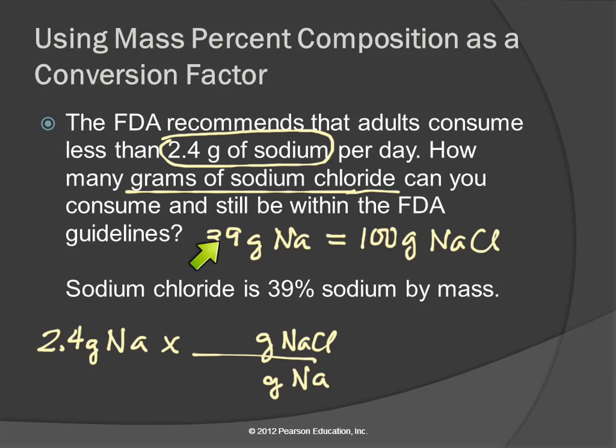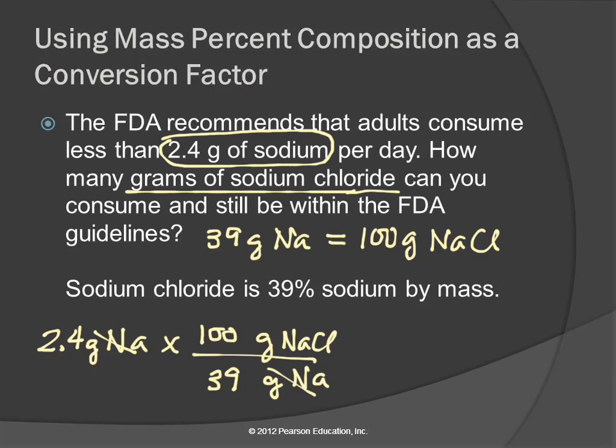Here, 39 is the number that I have with sodium, and so I put that with sodium over here. And 100 is with sodium chloride. And so I need to keep them together. Because with all of these conversion factors, what is on the top has to equal what's on the bottom. That's the whole idea of dimensional analysis. And so these units cancel out.